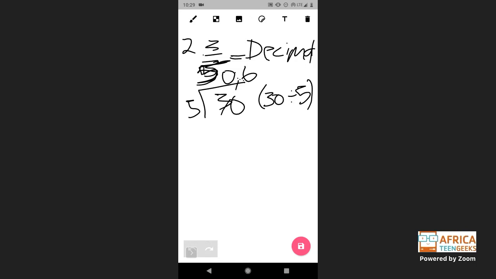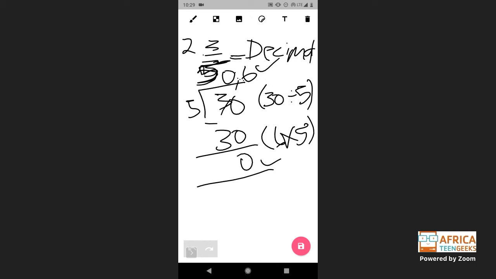And then again, we'll say 6 multiplied by 5, and that will give us 30. And we will subtract: 30 minus 30 equals 0. So it means that our decimal number ends right here.